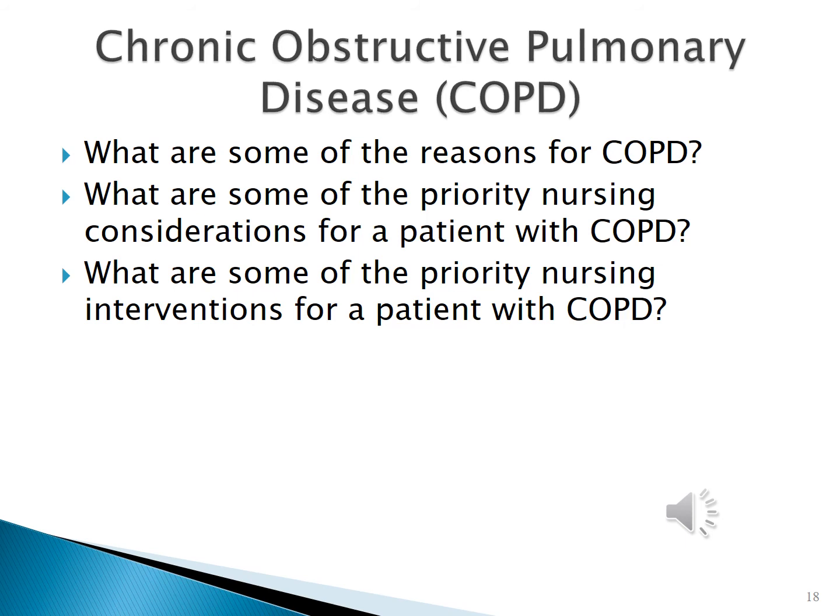Then bronchitis is an inflammation of the bronchi and bronchioles caused by chronic exposure to irritants, especially tobacco smoke, triggering inflammation and vasodilation, congestion, mucosal edema, and bronchospasms. So COPD, like I said, is when chronic bronchitis and emphysema marry.